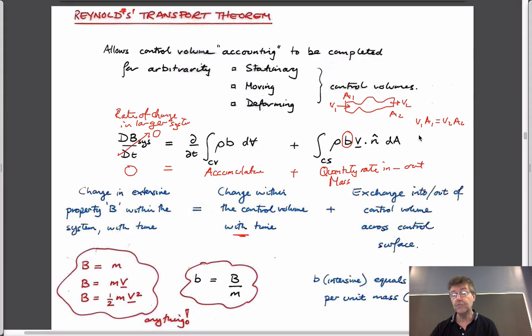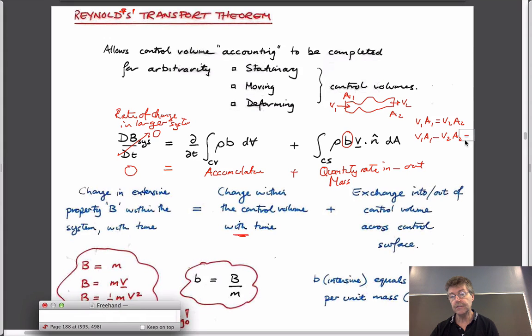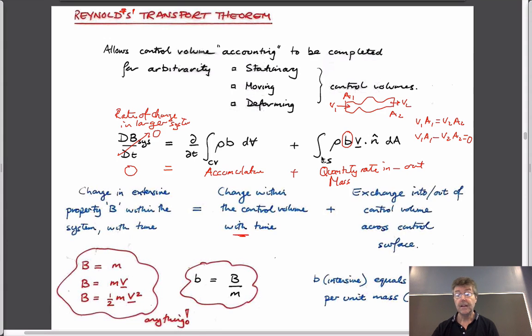Or I suppose we could write it better as V1A1 minus V2A2 is equal to 0. And so that's this term here. So we say in 10 minutes, 10 people go in, 9 people leave, we net accumulate 1 person. And so this has to just balance.